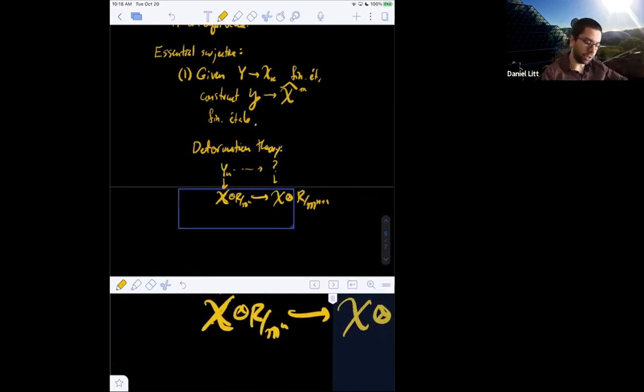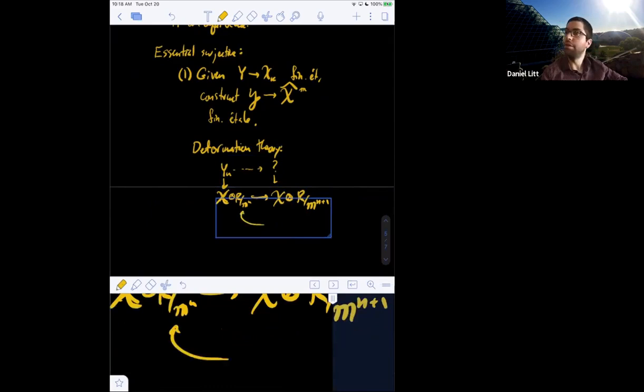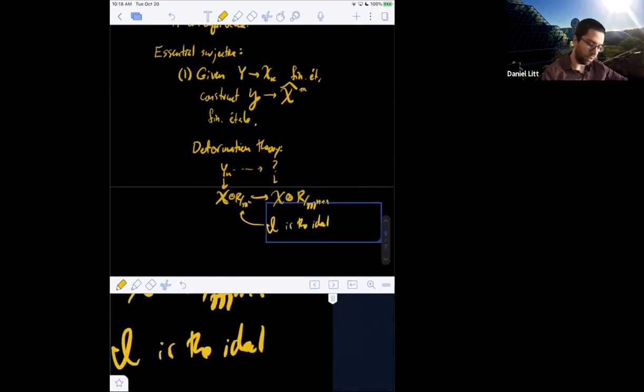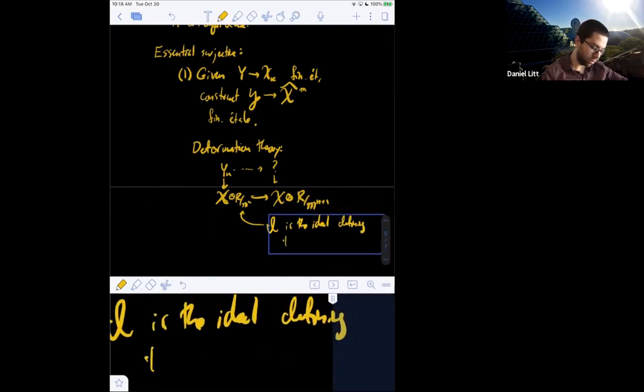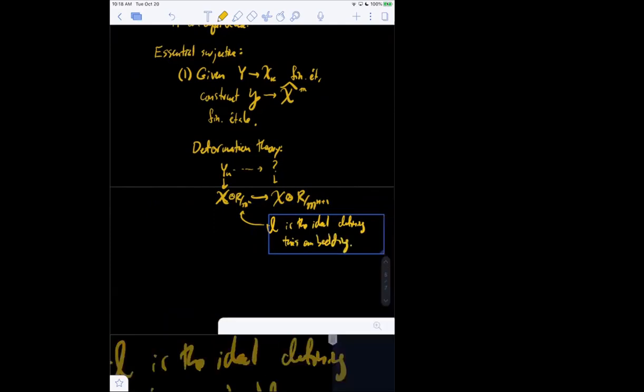Let me call I the ideal defining this embedding. Can you see what these might correspond to in that picture you described over the punctured disk?